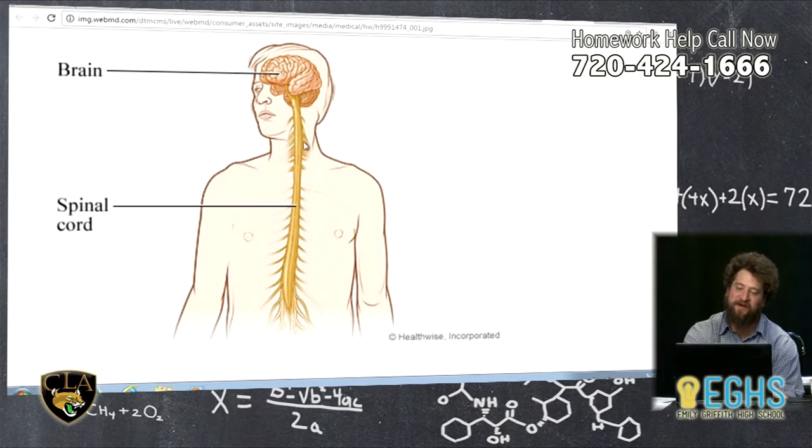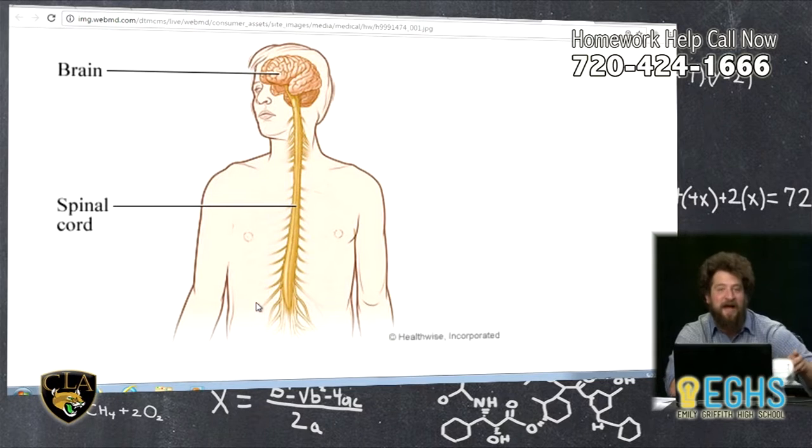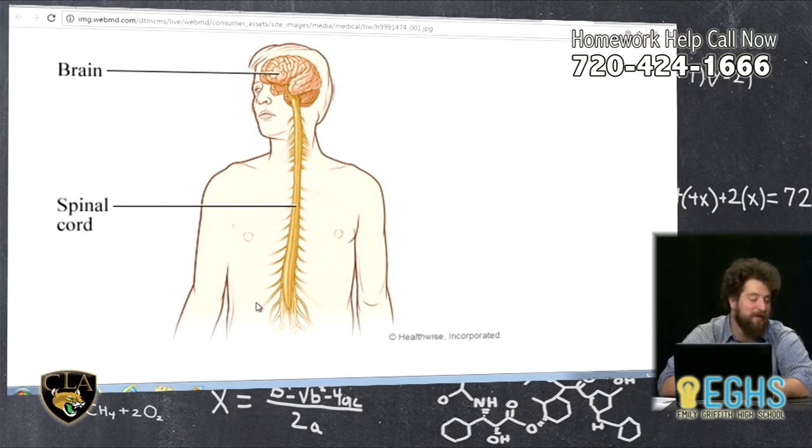You can kind of see from this diagram all these different little fibrils coming off of the spinal cord, and those would, of course, extend to all different parts of the body, giving us sensations like the sense of touch and temperature and pressure and all of that information, calculated instantly for us thanks to the good old brain.